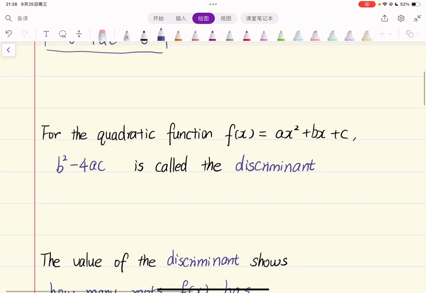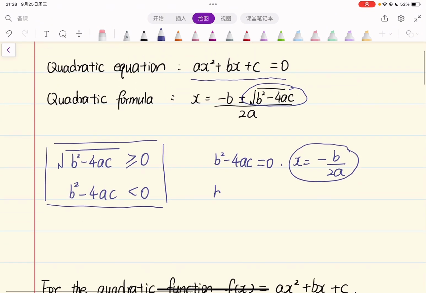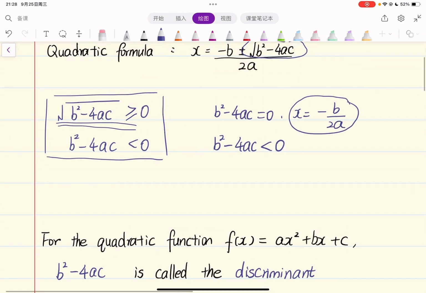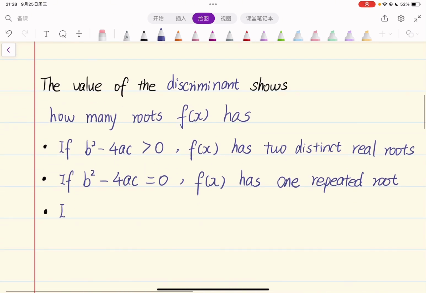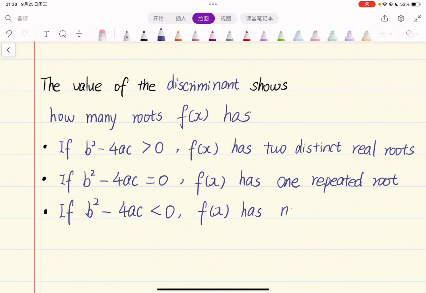Now, what happens if b squared minus 4ac is less than 0? What we know is it must be greater than or equal to 0 to take the square root of it. So we don't have real roots, which means if b squared minus 4ac is less than 0, f(x) has no real roots.